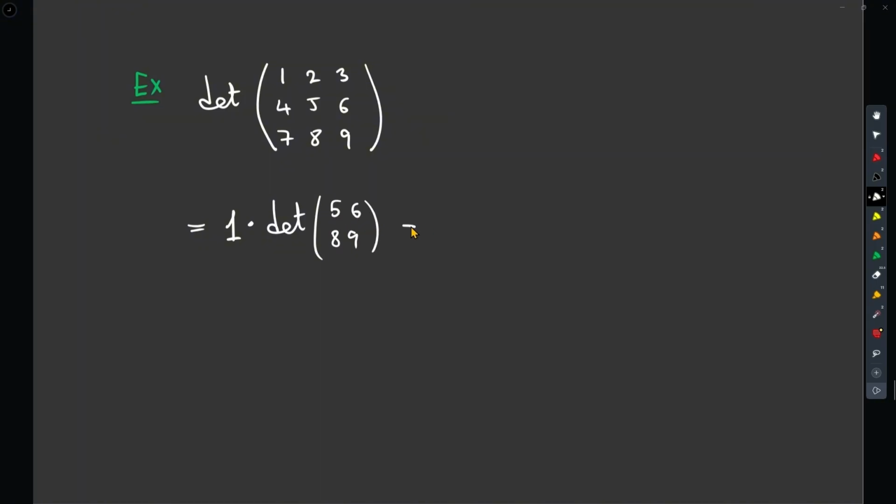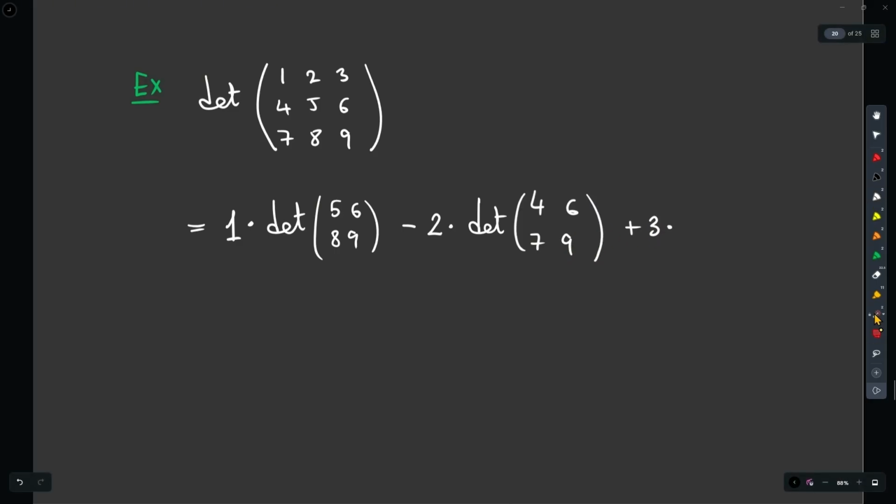Then it is alternating, so now it's minus 2 times the determinant of the minor that is left, 4, 6, 7, 9, plus 3 times the determinant of the minor left when I cancel out the first row and third column, which is 4, 5, 7, 8.